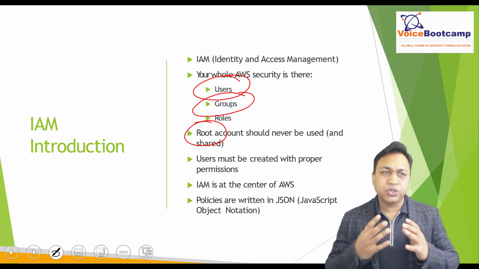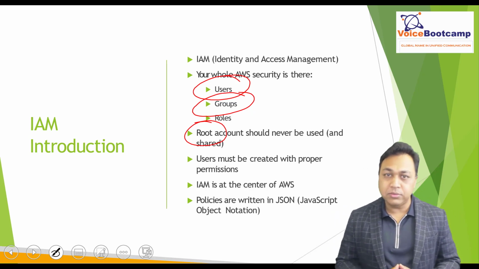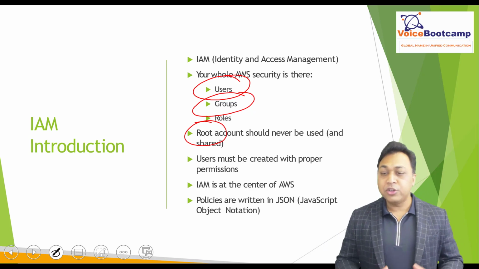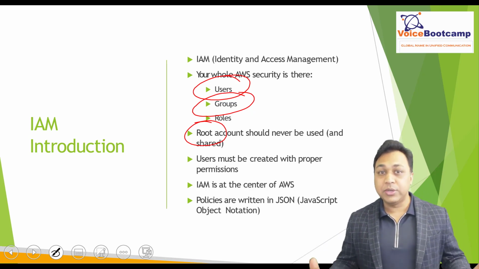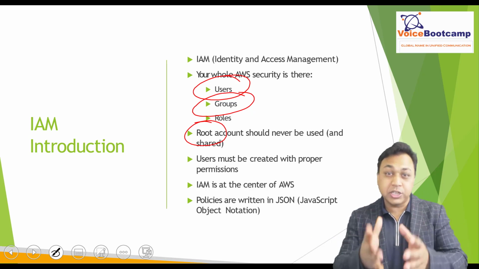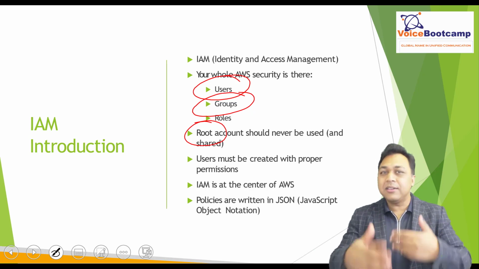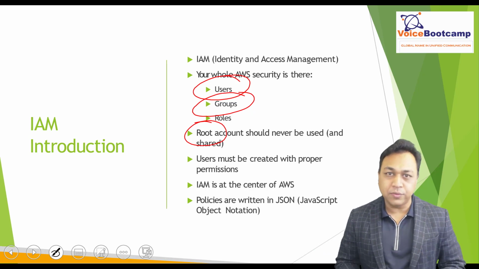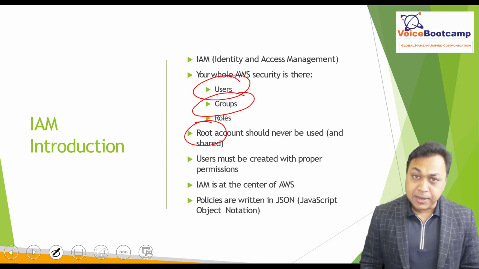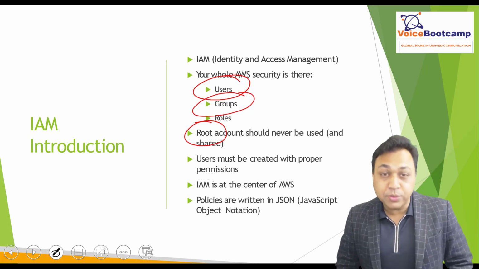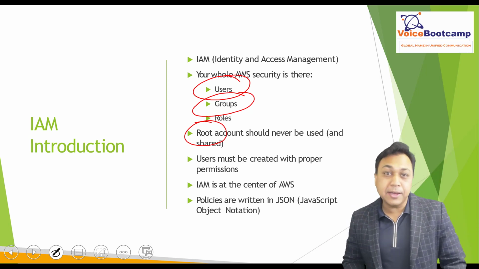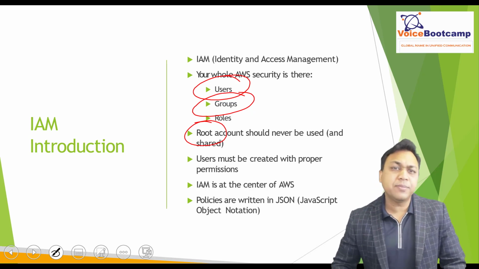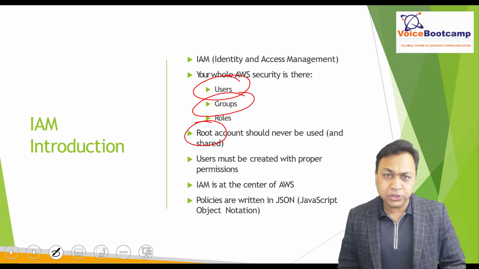As soon as you create an AWS account, the first thing that you should do is create an IAM account with the full privilege that you need for yourself, and then go on to creating an account for other people. Now, IAM is the center of your AWS, so make sure that you understand IAM very well, because it is not just about who gets to access, who gets to log in.